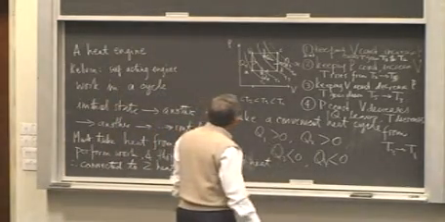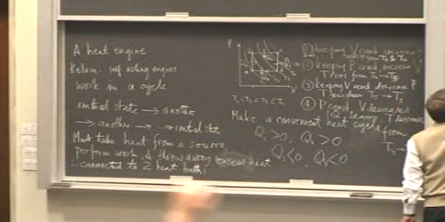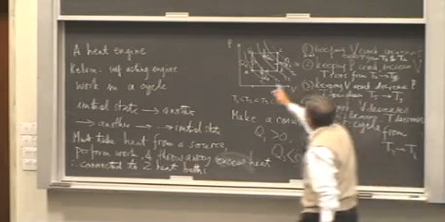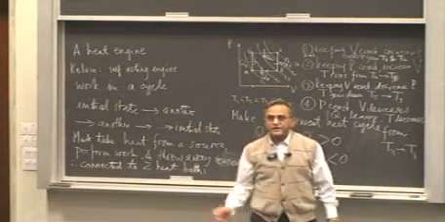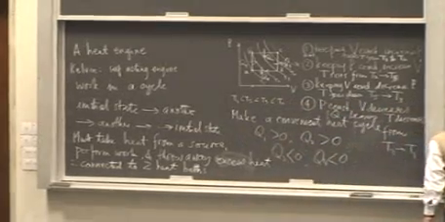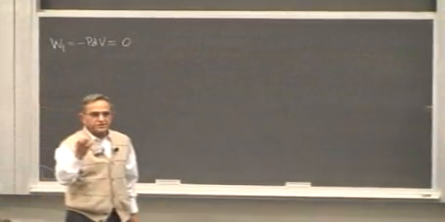Let's see. W1 is the work done while it is doing this. Work done is minus PdV. So minus PdV, this is 0 because dV, volume doesn't change.